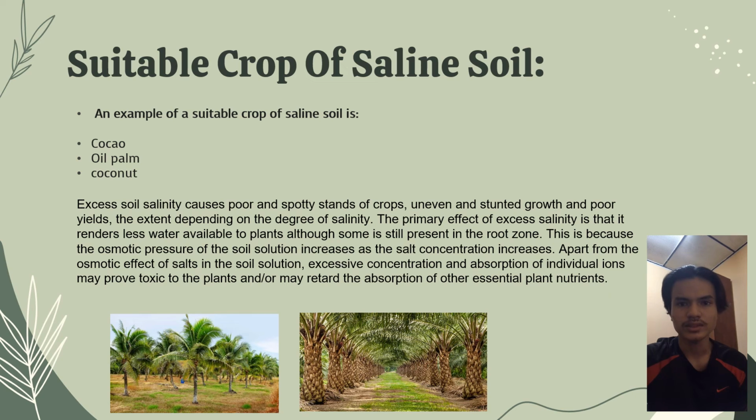This is because the osmotic pressure of the soil solution increases as the salt concentration increases. Apart from the osmotic effect of salt in the soil solution, excessive concentration and absorption of individual ions may prove toxic to the plant and may retard the absorption of other essential plant nutrients.